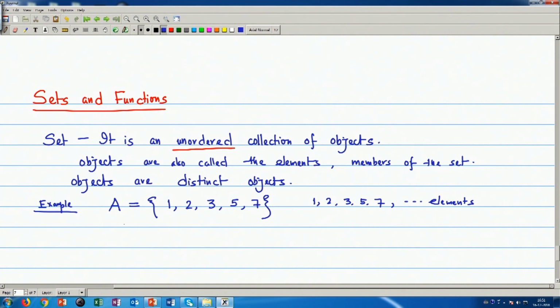And like I can tell that X is the set of positive integers, or Y is the set of even integers.